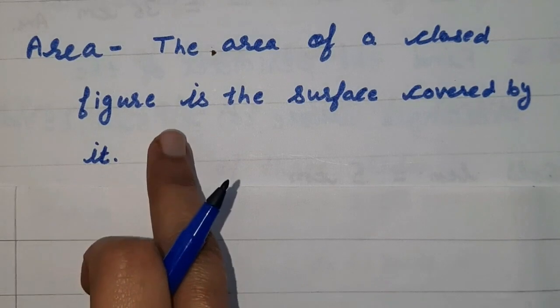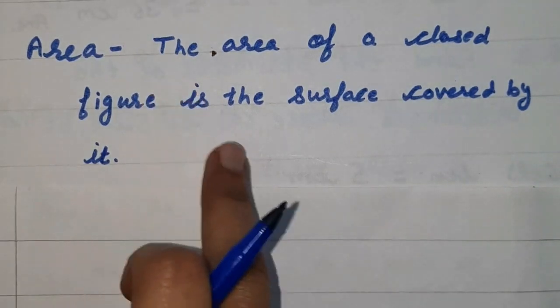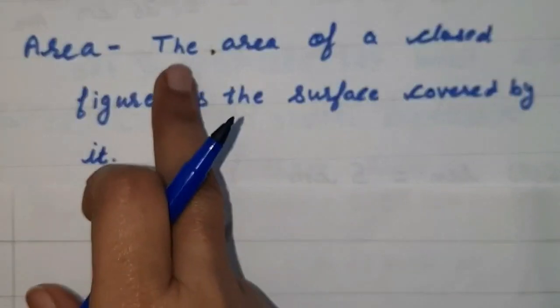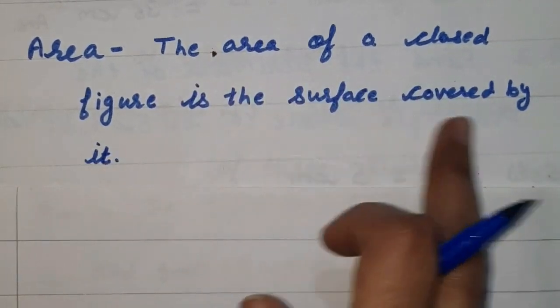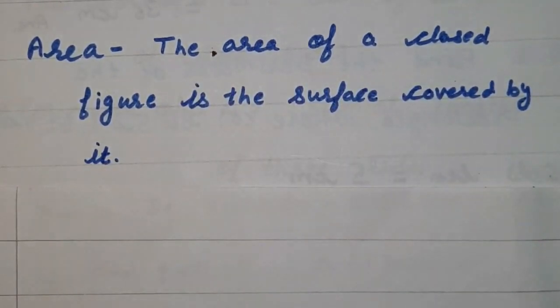In the previous lecture I told you about area. The area of a closed figure is the surface covered by it. The surface which is covered. Understood?